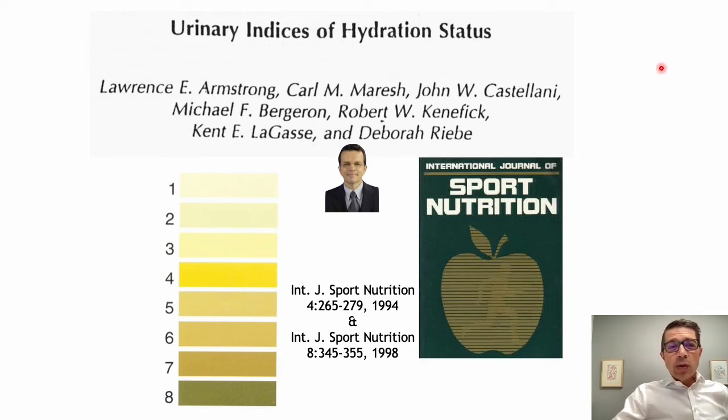Overall, the Larry Armstrong 8-level urine color chart has been very widely used and validated in athletes, young adults, older adults, and in pregnancy. We did a study where we validated it in children. It's a way that you can use to overall assess hydration, and I would say it's highly recommended.